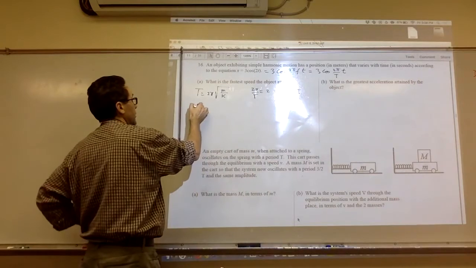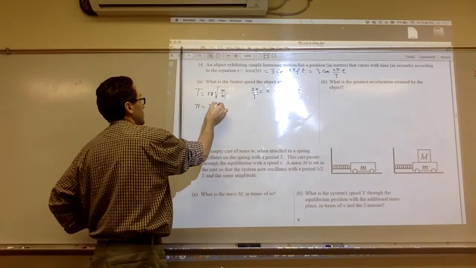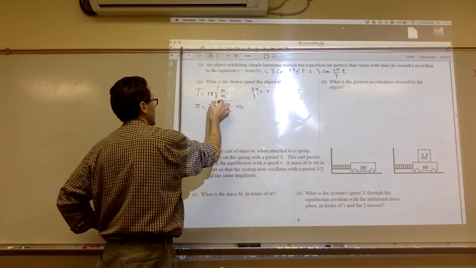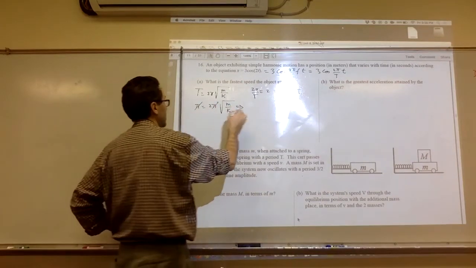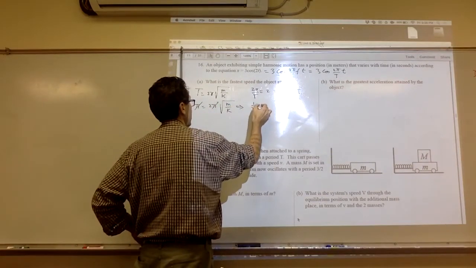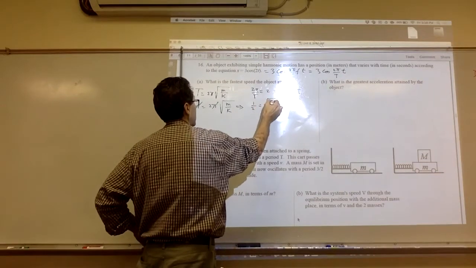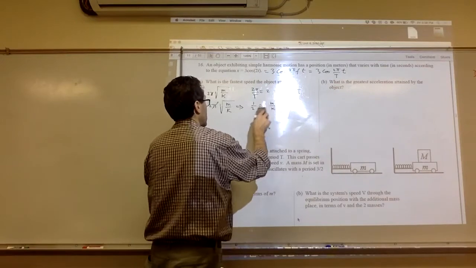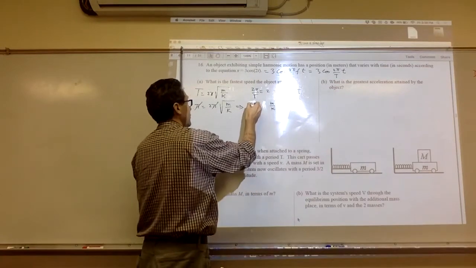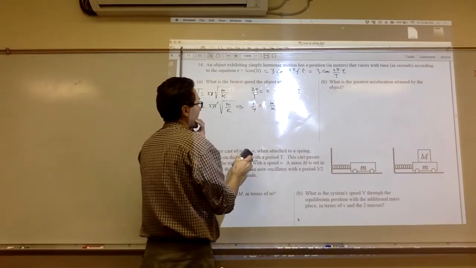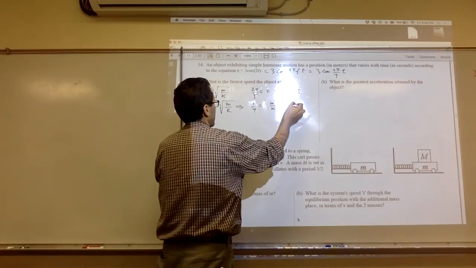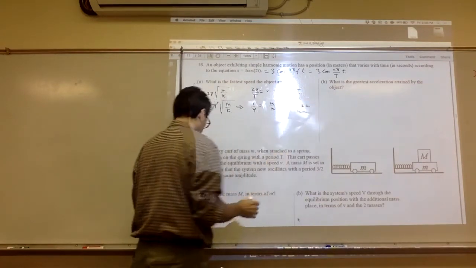So here I've got to bring in pi and solve it in this equation here. So I can divide by that. So 1/2 equals radical m over k. If I square both sides, I should get 1/4, and then I should get k equals 4m.